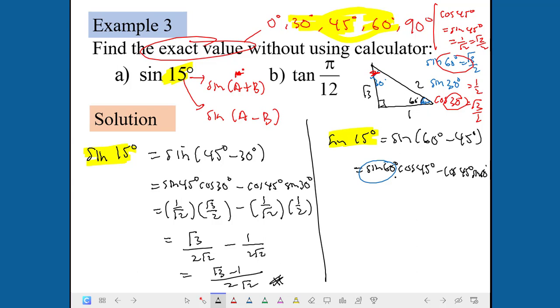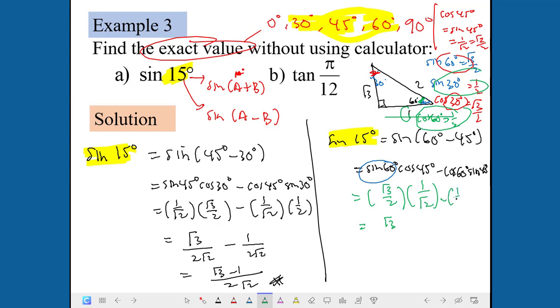Just double check using the alternative. Substitute. Sin 60 is equal to root 3 over 2, cos 45 is 1 over root 2. Here is actually cos 60 sin 45. So cos 60 is 1 over 2, sin 45 is 1 over root 2.